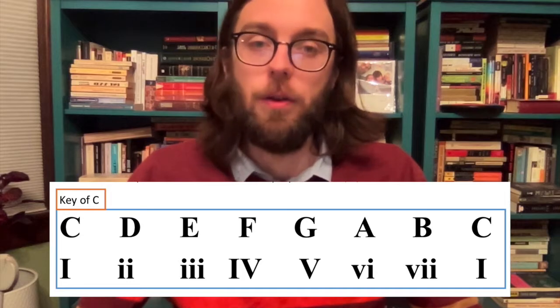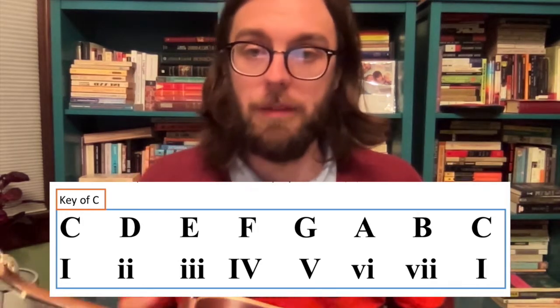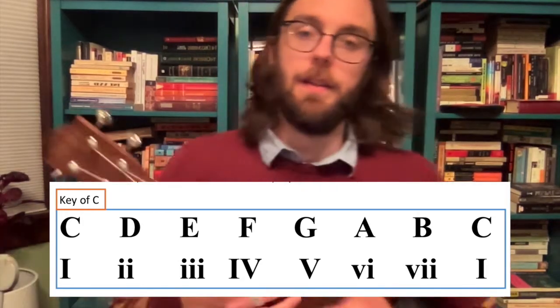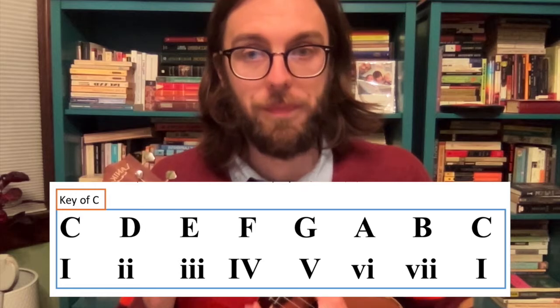Then after that, we'll incorporate the minor 6. Using those 4 chords expands the number of songs you can play even more. The 1, 4, and 5 are all major, and all the other chords are minor, but the only ones we'll be learning today are the 1, 4, and 5.